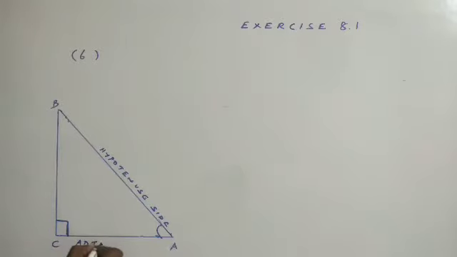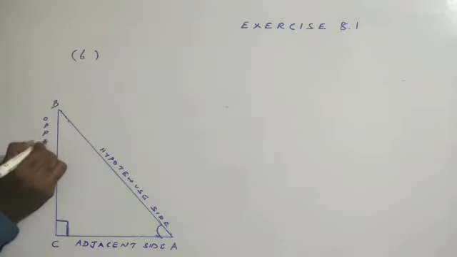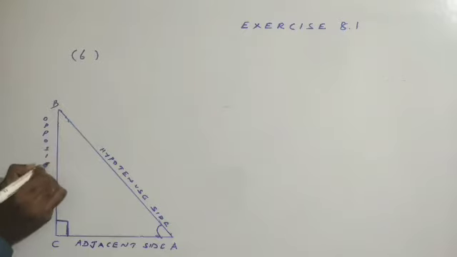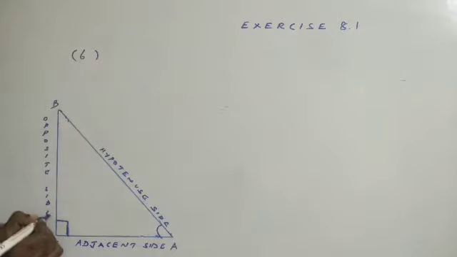So consider AC is an adjacent side. The side which is vertically to the base is called opposite side. So this side is opposite side. The slant portion is always hypotenuse side.